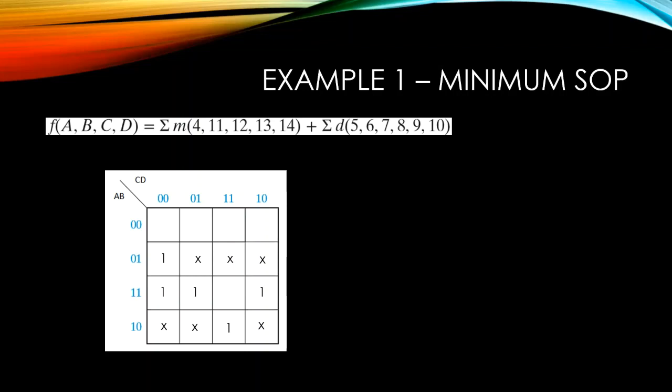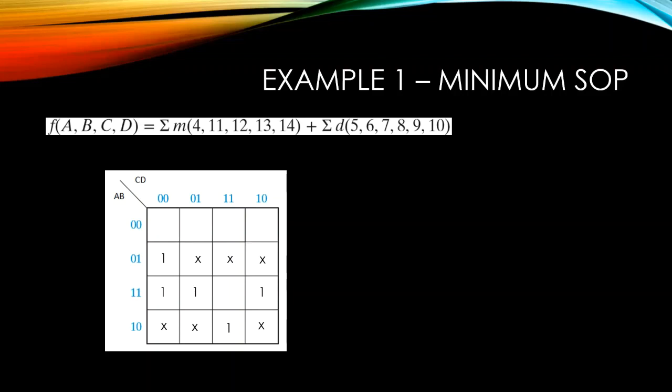So now we are ready to group our min terms. Originally, if we don't have don't care, the biggest group will be a group of 2. Group of 2, group of 2, group of 2, left, right, and a group of 1. So can the don't care state help us to have a bigger group? Yes. Instead of having 2 groups for these 3 min terms, by including this don't care, we could have 1 group.